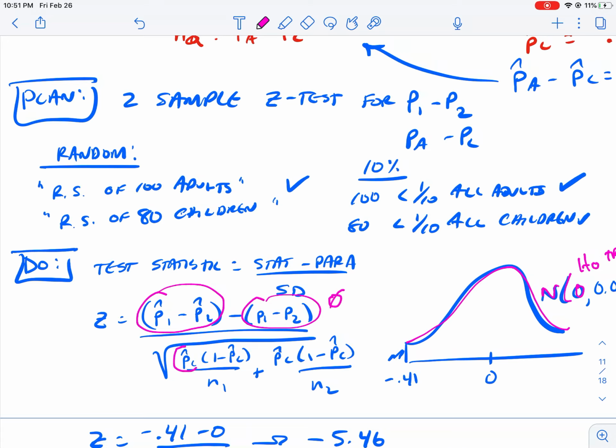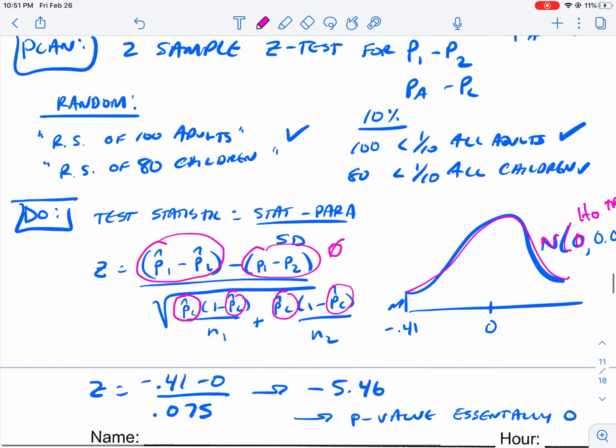Down below, keeping note, use my p hat sub C for all possible calculations because I want to compare it to the fact that the H sub 0 is true. And then when I find my z-score, I get my difference minus 0 over my relatively small standard deviation, which yields a very large negative z-score.